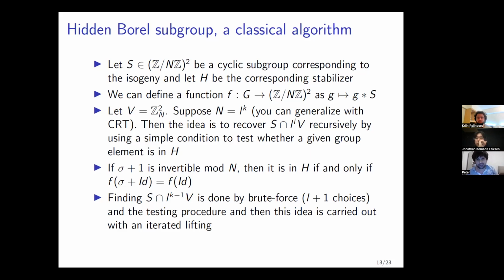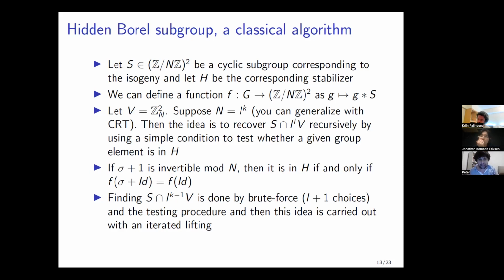And the idea is basically as follows. For notation, I will use V as Z_n squared. And I will suppose that n is a power of L, a small prime; you can generalize for arbitrary smooth n using a CRT approach.